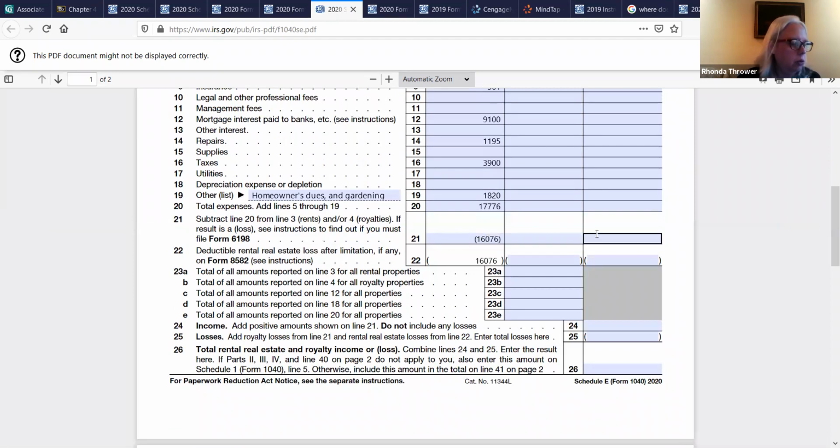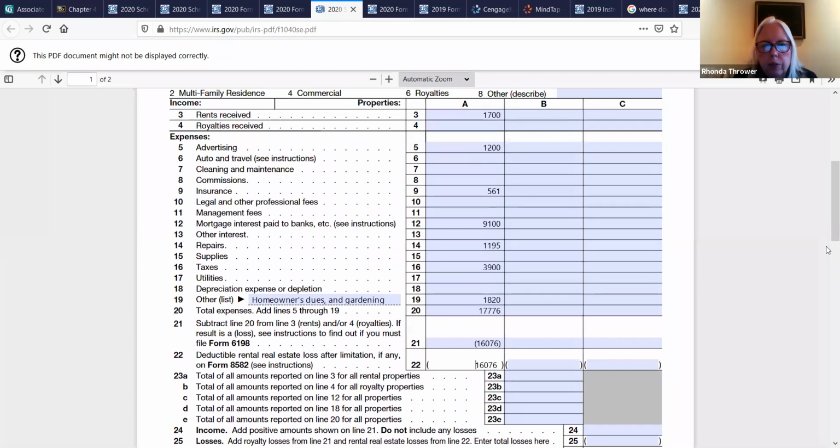And we had gotten down to line 22. So we're going to move on to 23A, which says the total amount reported on line 3 of all rental properties.